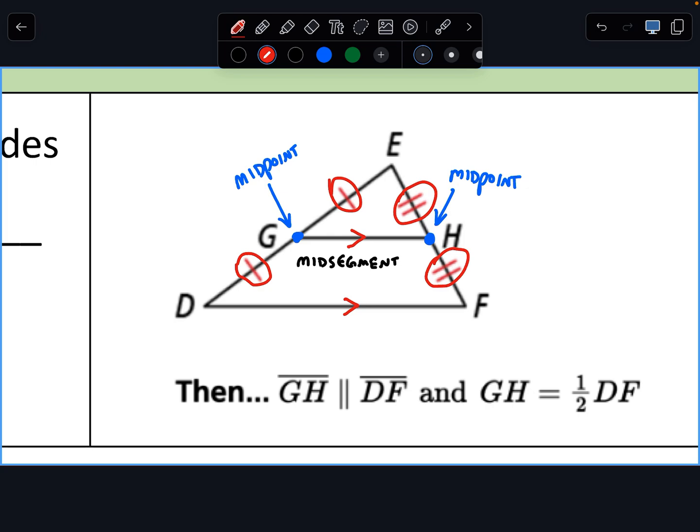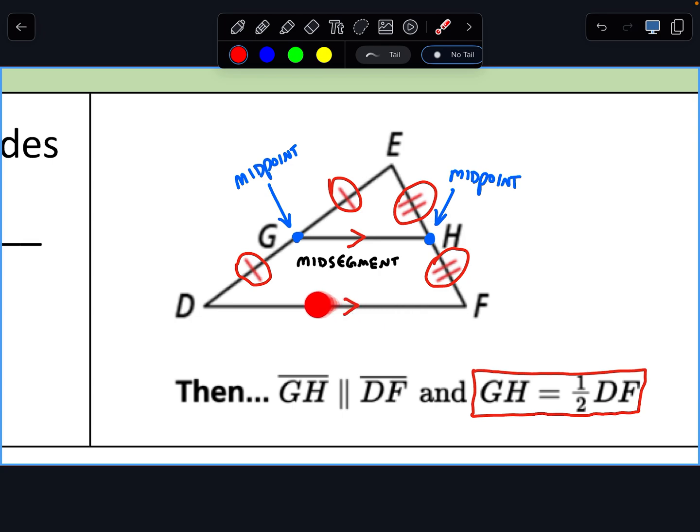And what's also important here is that the mid-segment GH is 1/2 the length of the third side DF. So if this third side is 10, GH is 5. If this third side is 26, GH is 13. If this third side is 100, GH is 50. You just cut it in half. Because what we have here ultimately is two similar right triangles with a scale factor of 1/2, right?